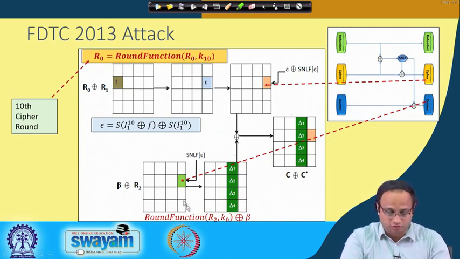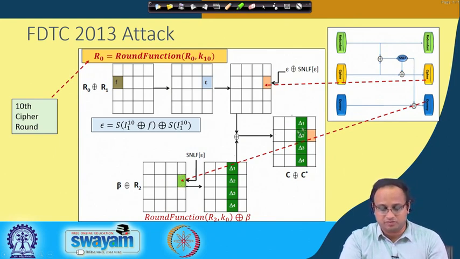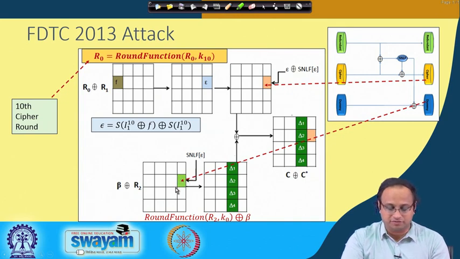But now because of the fault, all 15 bytes have the same values as beta, but this byte is different, and this byte is contaminated with this error, which stands for SNLF epsilon, and therefore we have this additional error which we need to accommodate. Remember, the round function is nothing but the usual AES operation, so this particular byte will get distributed into this column, but there will be a further shift.